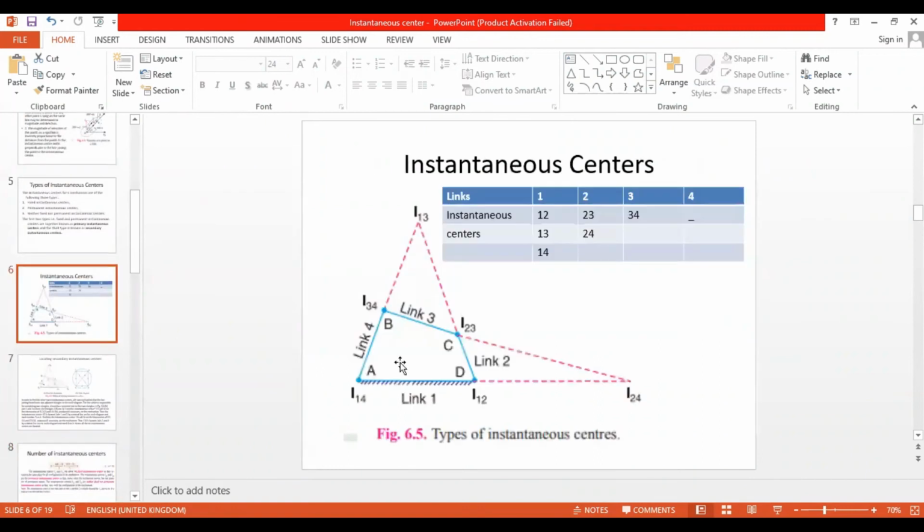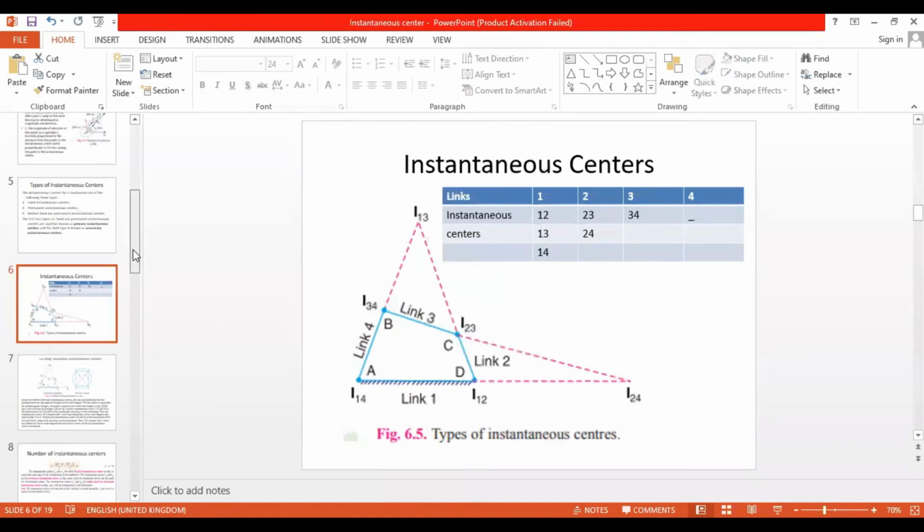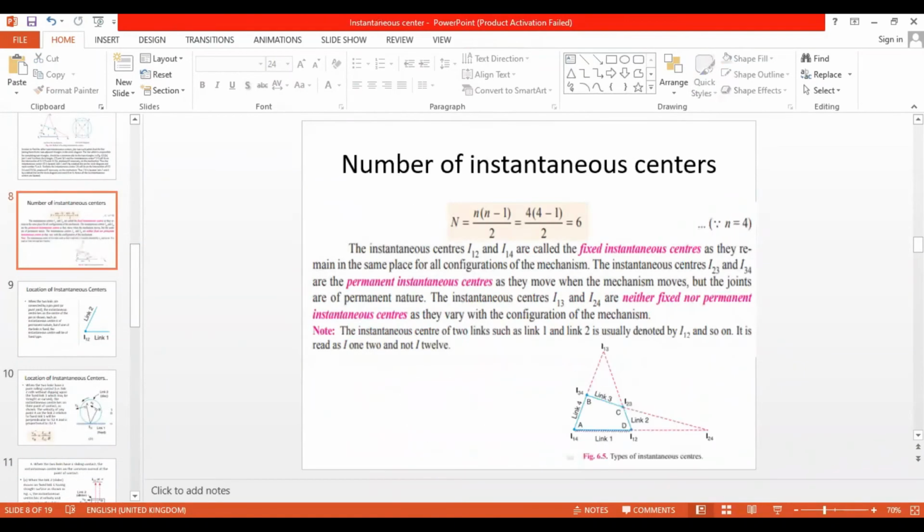So here this is a fixed link. So I14 and I12 are called fixed instantaneous centers since they are in the fixed link, as they remain in the same place for all configurations of the mechanism.